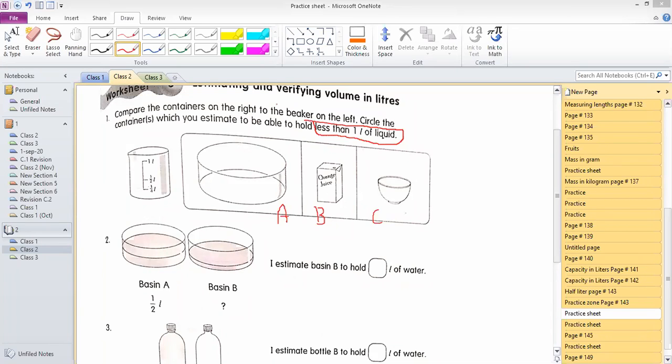You have to identify which you estimate to hold less than 1 liter. In which container do you think it will contain less than 1 liter? You have to identify the capacity which cannot hold more than 1 liter, which can hold only less than 1 liter. Okay, you have to identify that.